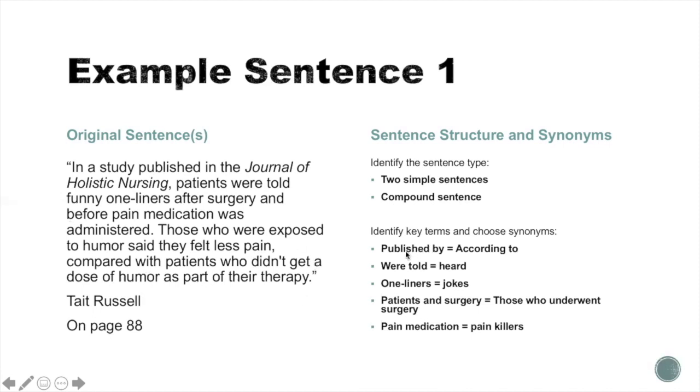I chose the words published by, and I'm maybe thinking of using according to. I chose the words were told, and I'm thinking maybe the verb heard might be better. One-liners, I think another way of saying that is jokes. Patients in surgery, I might just say those who underwent surgery. And I think another word for pain medication is painkillers.